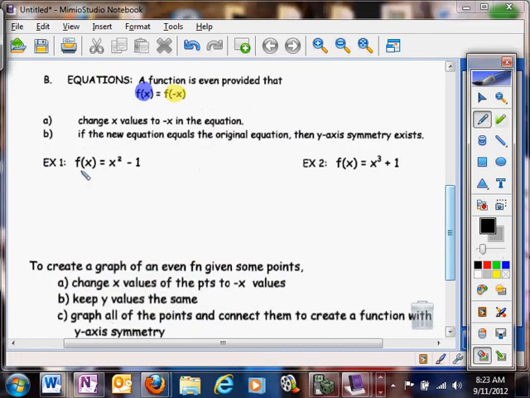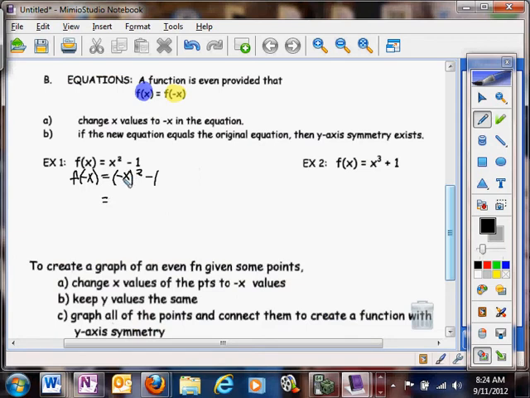On example 1, we have f of x is equal to x squared minus 1. To determine if it's an even function, what I want to do is basically replace every x with a negative x. So just like before when I was evaluating functions, I would rewrite my function using a set of parentheses everywhere I have an x, and then inside this parenthesis, place this negative x. And then simplify.